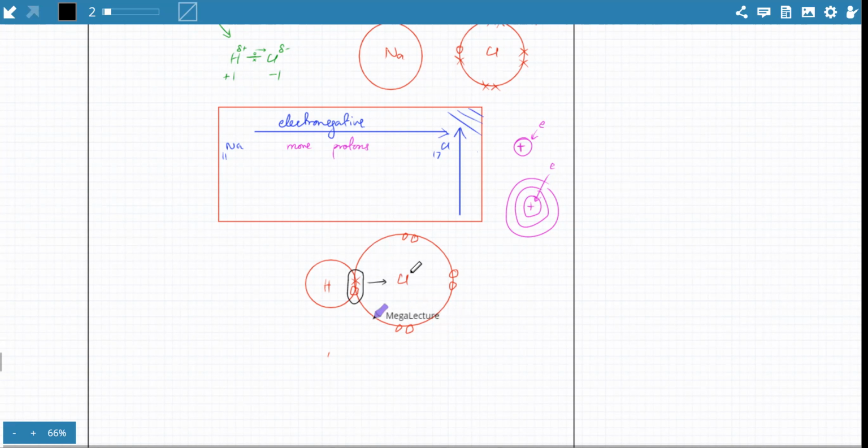The electrons are slightly more over here, so this side would have a very slight negative charge, this side would have a very slight positive charge. So the idea is clear: this is known as a polar molecule, which we will study in detail. It's a polar covalent molecule where the electrons are not evenly distributed.